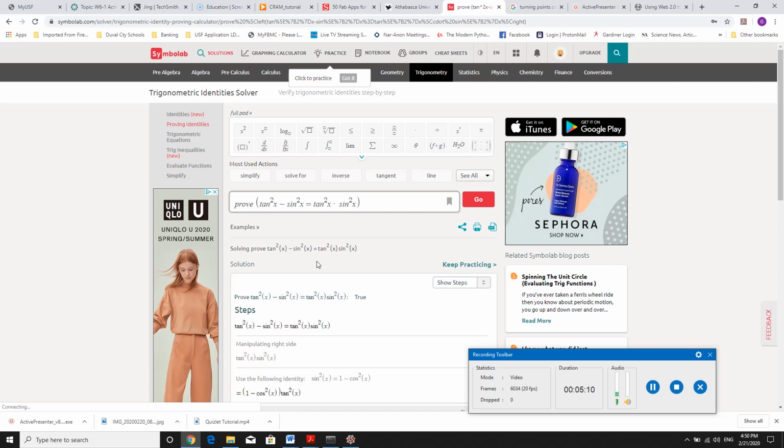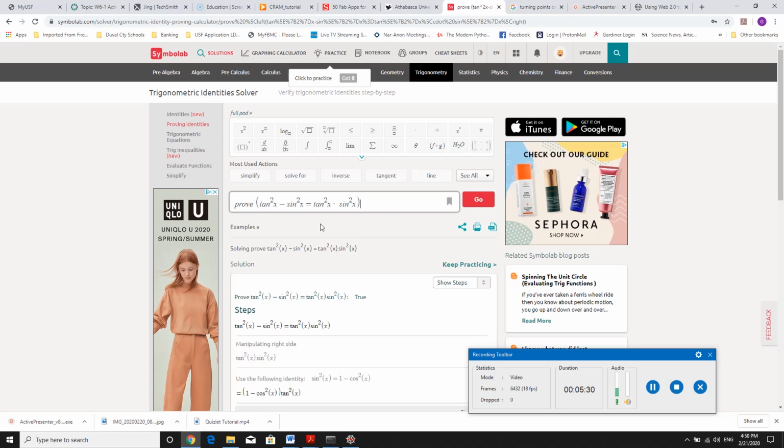From calculus, I'll give you an example from that. If you know any calculus, you know that the critical points of any function are where it changes curvature. So it goes from either increasing to decreasing or decreasing to increasing.